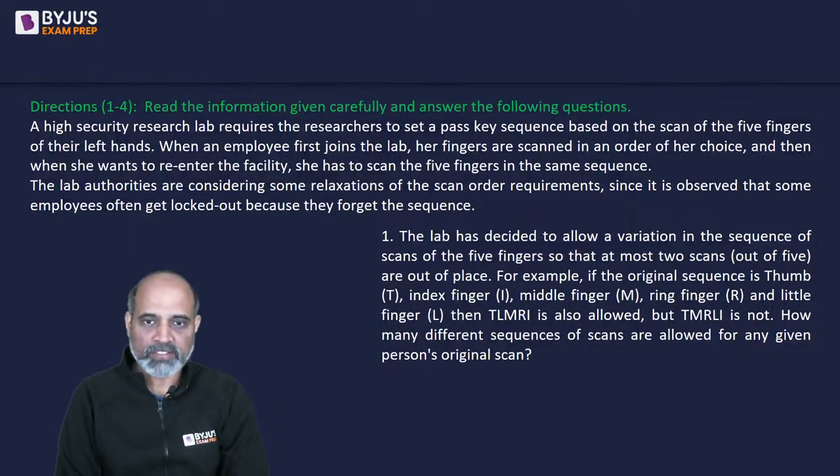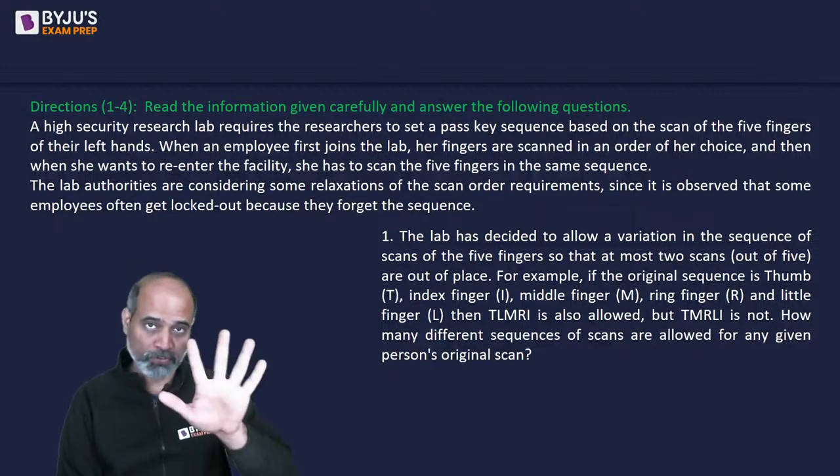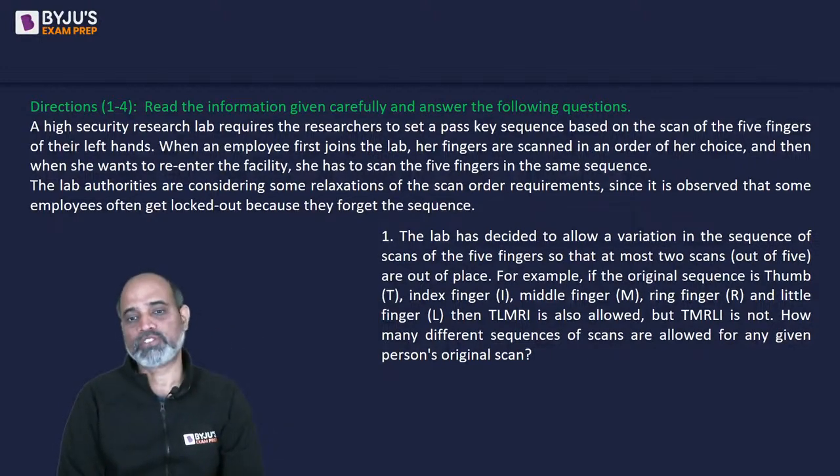Now, the first question says, the lab has decided to allow a variation in the sequence of scans of 5 fingers so that at most 2 scans out of the 5 finger scans are out of place.